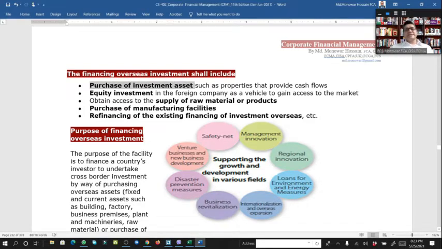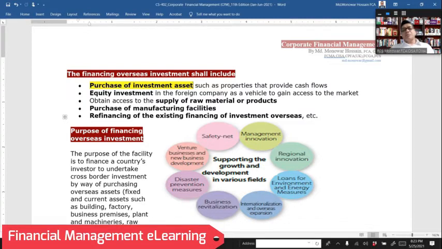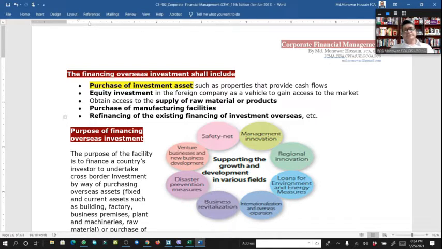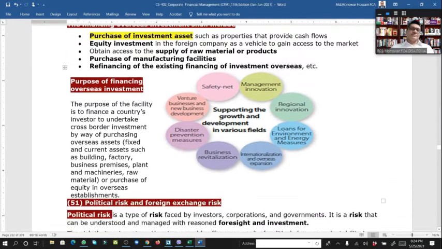Purchase of investment assets such as property that provides cash flow, equity investment in a foreign company as a vehicle to gain access to the market, obtain access to the supply of raw material or product, purchase of manufacturing facilities, refinancing of existing financing and investment overseas, etc.